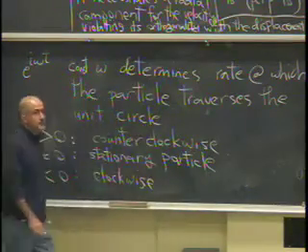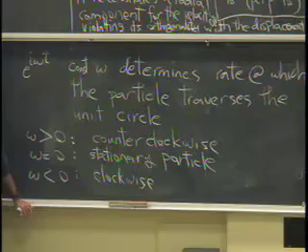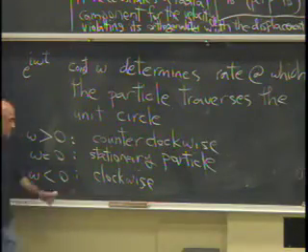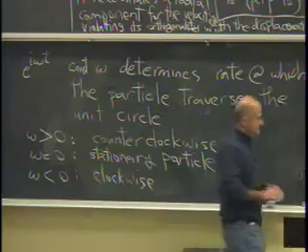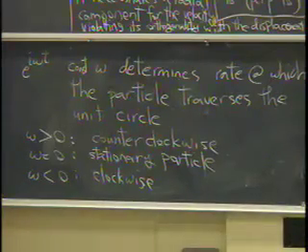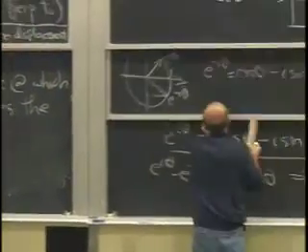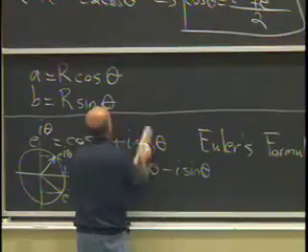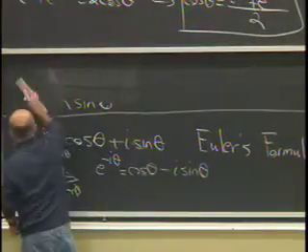Okay. Omega equals 2 pi. How long does it take for the particle to go around the circle? Pardon me? 1 second. You want 1 second to find the answer? Or is that the answer?